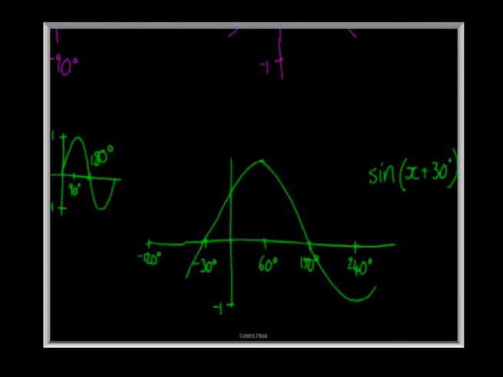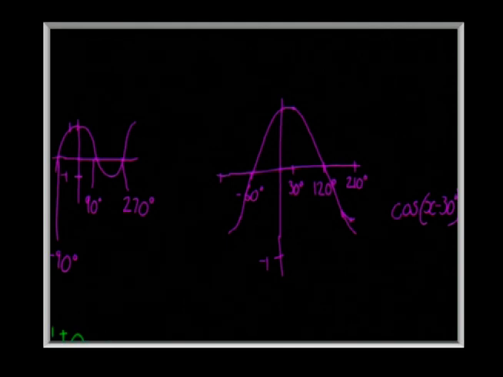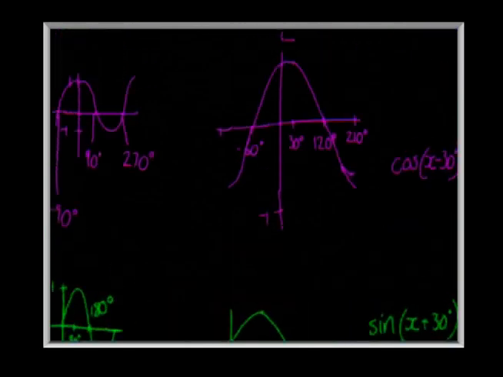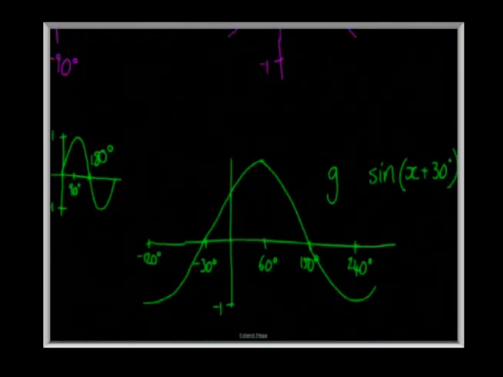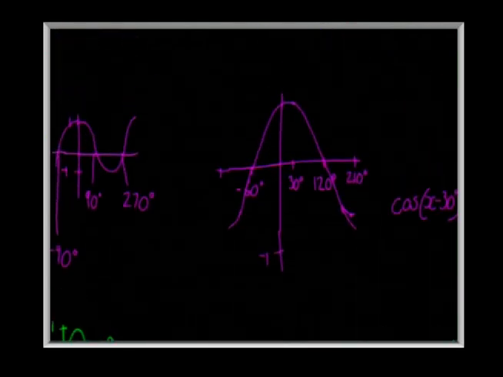And there we go. We have a sketch of cos x minus 30 degrees, and we have a sketch of sine x plus 30 degrees. It's going to be g of x is equal to sine, and that means that this other one is f of x.